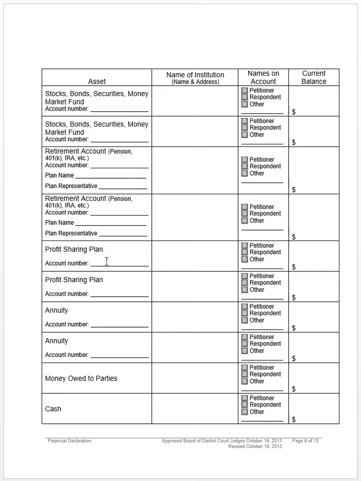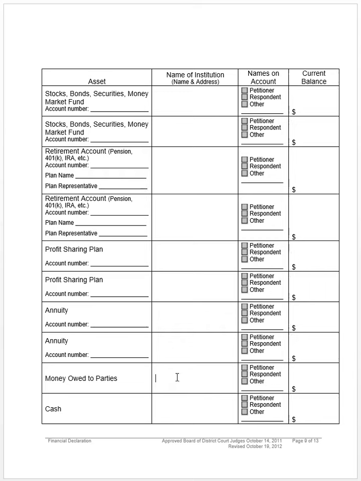You'll notice these other provisions: profit sharing plan, annuities, money owed to parties. That means money that is owed to the parties, meaning you and your spouse, not money that you owe to other people. So if you have money that is owed to you, you can say that money is owed to me, and even though it says name of institution, it's just because it's part of a form and they couldn't break this out separately.